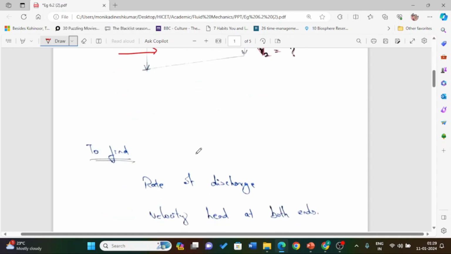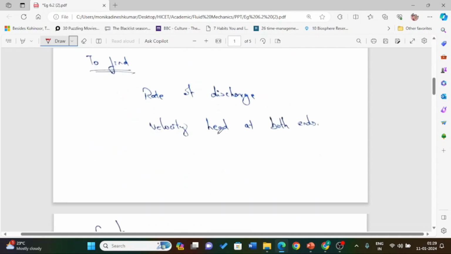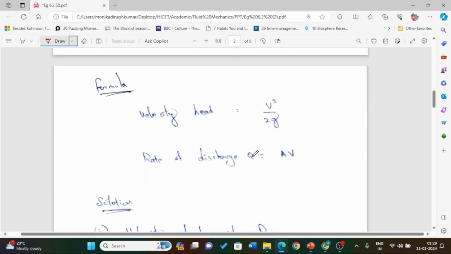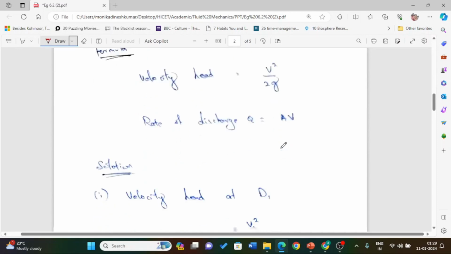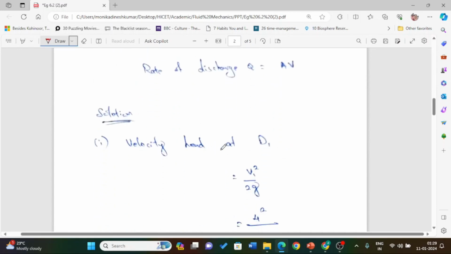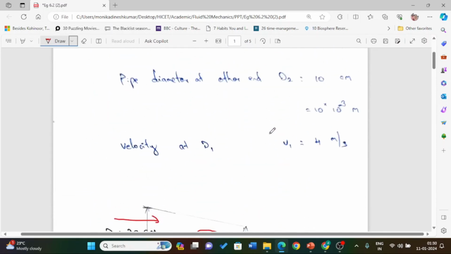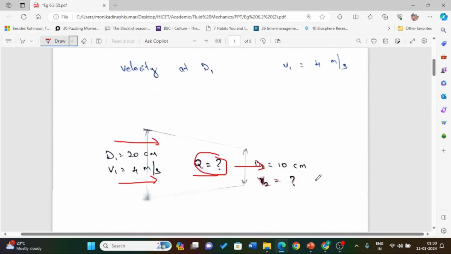So we need to find out the rate of discharge and the velocity head at both ends. Velocity head equal to v square divided by 2g, and the rate of discharge is Q equal to A v. To find the velocity head at section 1, v1 square divided by 2g. We know the value of v1, which is 4 meter per second.